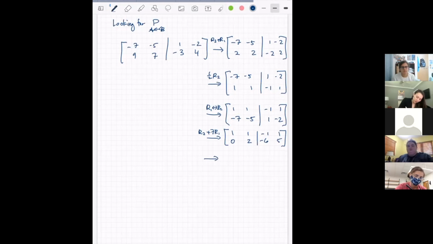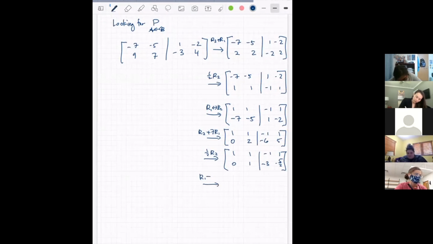So divide by 2, 0, 1, minus 3, 5 halves, and then we take row 1 minus row 2. Then we have our identity on the left-hand side, and then we just have to figure out what the right-hand side is going to be.